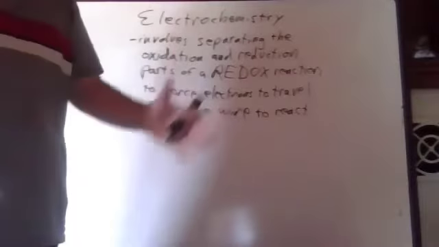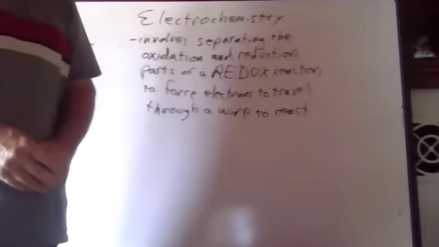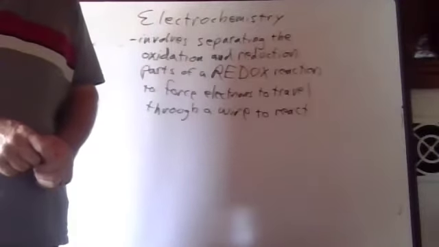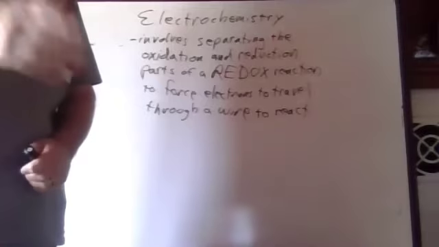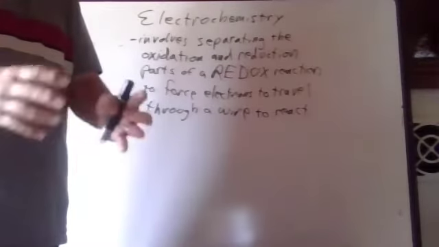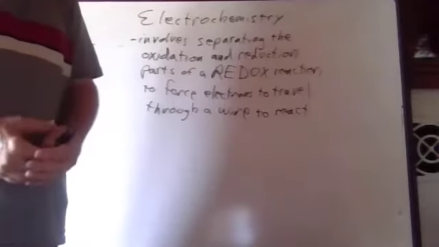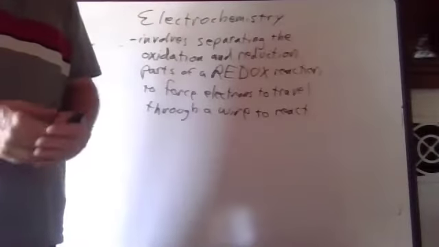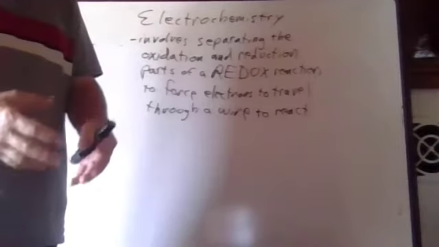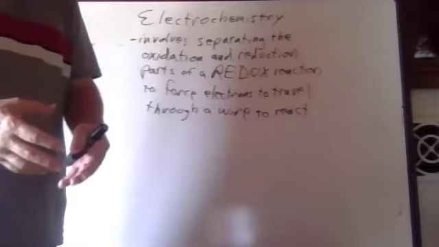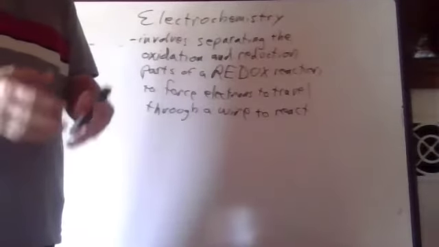The entire setup of the redox reaction that takes place this way is called a cell. A cell in electrochemistry is a combination of both the oxidation and reduction together, connected by a wire.